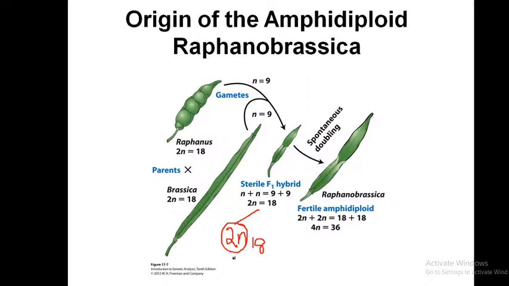Sometimes during meiosis unreduced gametes may be formed. ഇതിനെയാണ് unreduced gamete എന്ന് പറയുന്നത്. Usually during gamete formation what happens? The 2n number of chromosomes will be reduced to n number of chromosomes in each gamete.